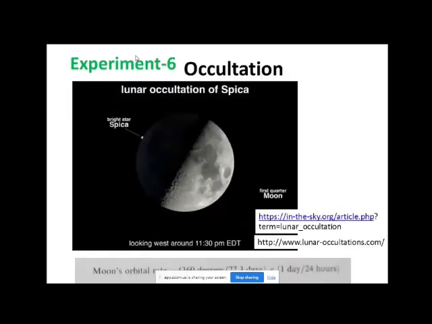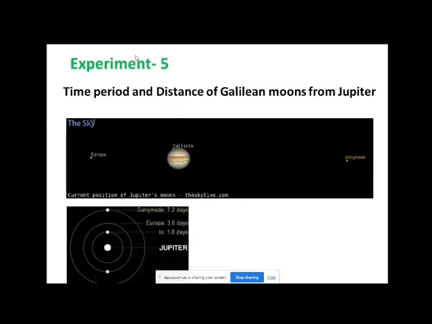So this will give, for Europa, a period of 3.6 days. So we can guess at one, and you have to convert the days into hours, and we have to take more data.